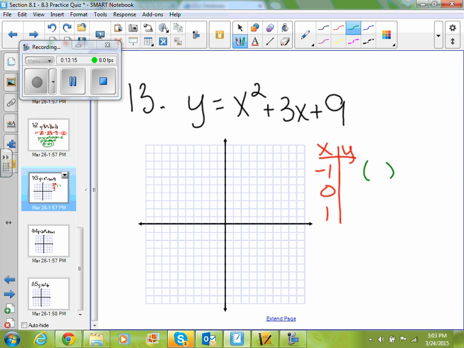So if I plug that in for x, I get negative 1 squared plus 3 times negative 1 plus 9. Okay, well, what's negative 1 squared? Positive 1. What's 3 times negative 1? So 1 minus 3 plus 9.